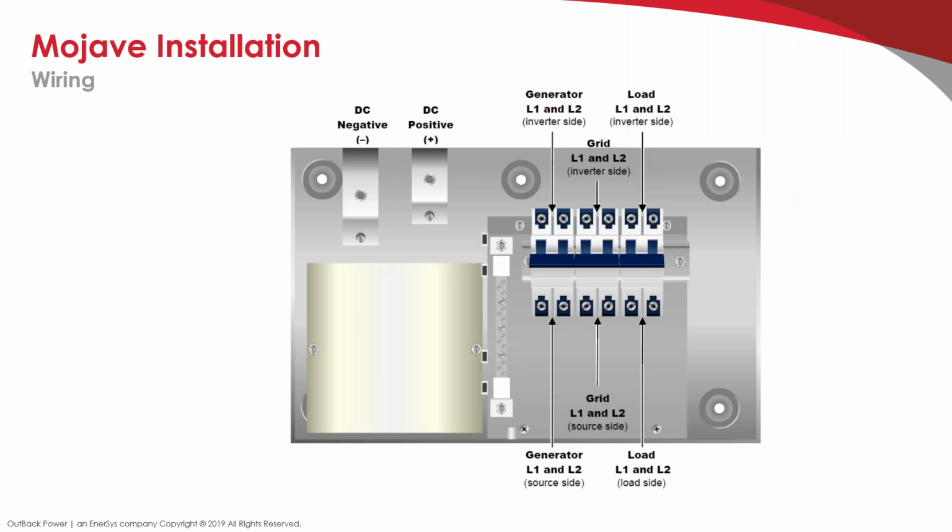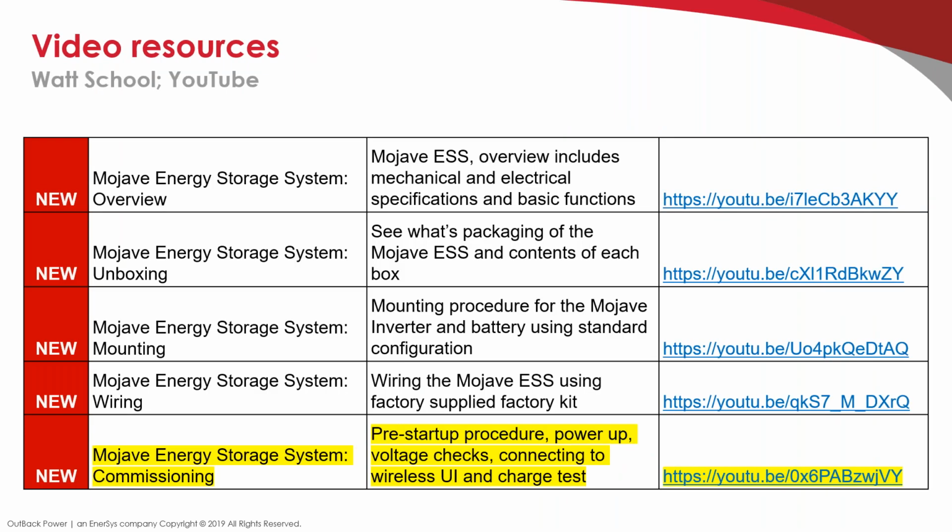Okay, Jorge, here's another wiring slide if you'd like to comment. It's the last one before I'll show the commissioning video. Yeah, so one other thing that you probably need to be aware of is that there is no internal bypass.